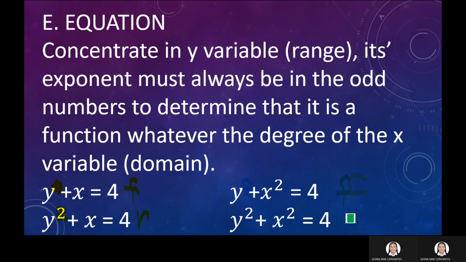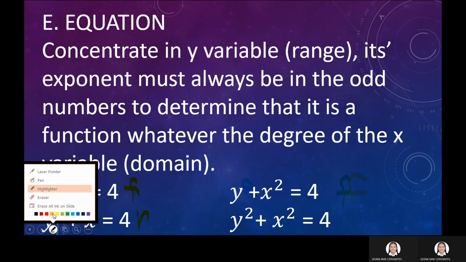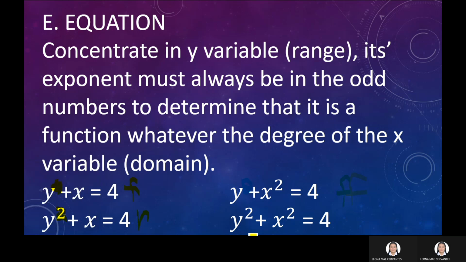Next, we have y squared plus x squared equals 4. Since the exponent of y is positive 2, which is an even number, then y squared plus x squared equals 4 is an example of relation.